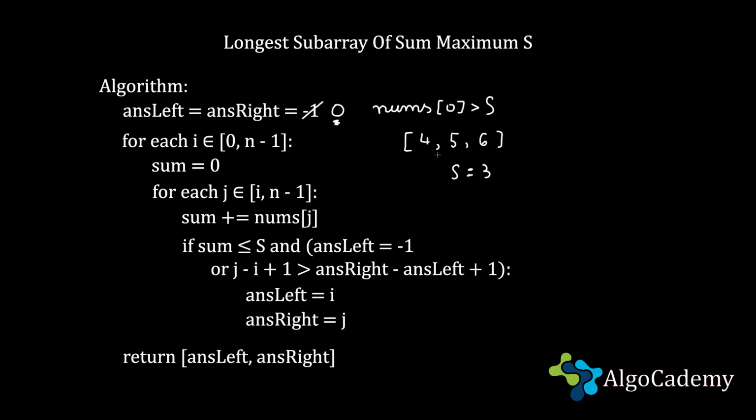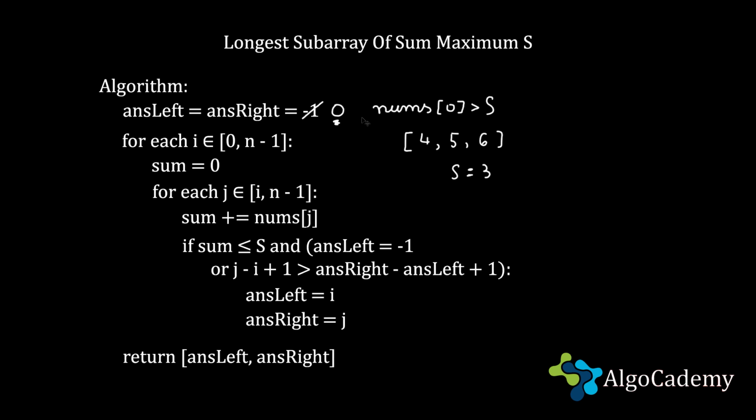And this is very important, because if we have no solution, but we initialize them by 0, we are always going to return 0, 0, as we won't find inside the algorithm any other subarray with a sum less than or equal to s. So, initialize them by -1, just to suppose that initially there's no solution, which is correct, and then go on and search for the subarrays.